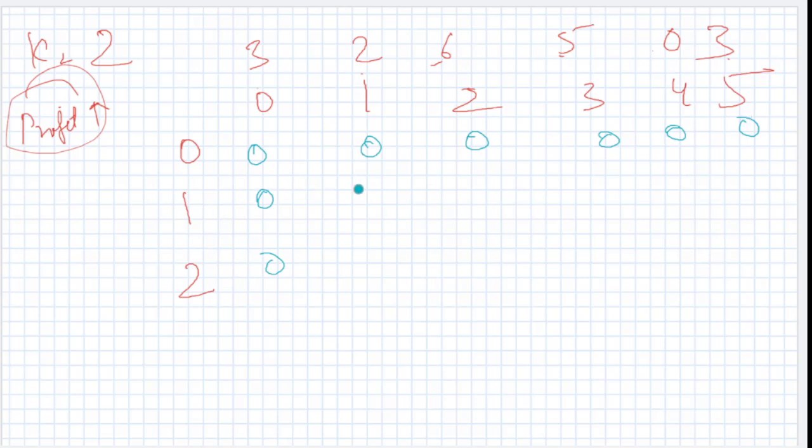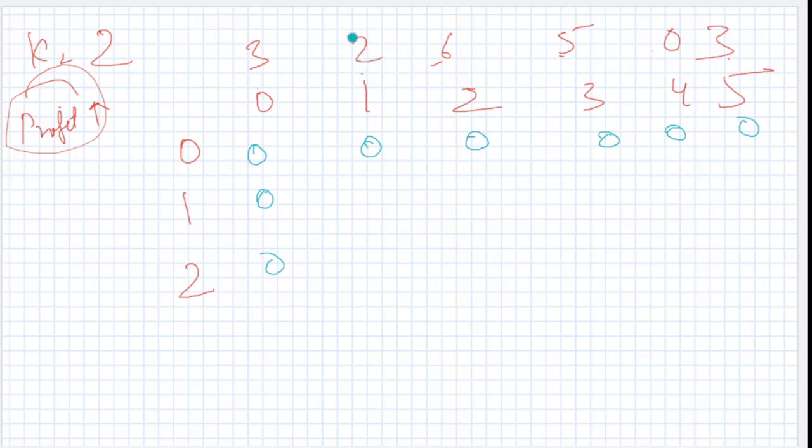Now when you buy on that day, you have to maximize the profit of the i minus 1th day. That's what we need. Let's consider the first day, that's 2.